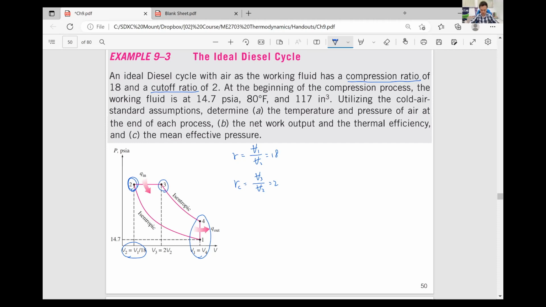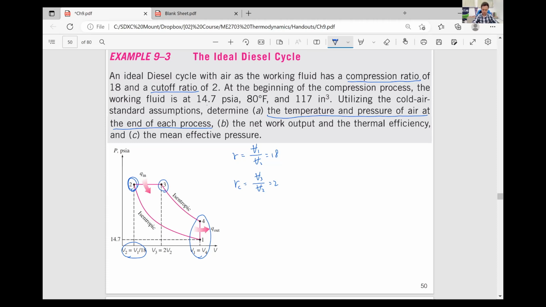Very typical. So basically what you are going to do is to find out the temperature and pressure at the end of each process. So let's try this.